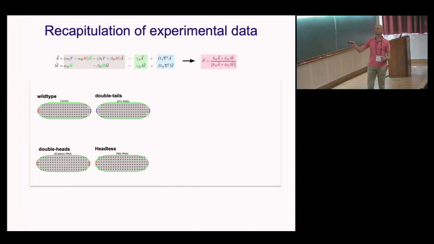Second, just by simply turning off head and tail, always with the same simulation parameters, we can show that we can reproduce the double-tailed and the double-headed effect. This is not so amazing. But interestingly, we can also recapitulate this local polarity defect in the headless, tailless animals.